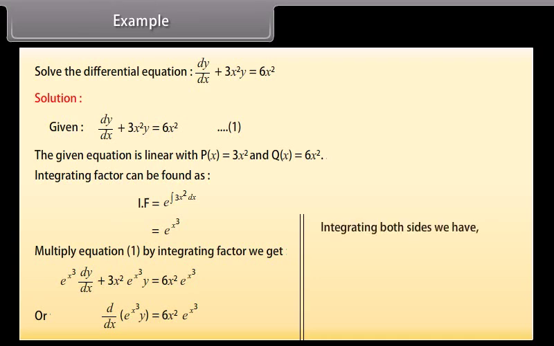Integrating both sides, we have e^(x³) y = ∫6x² e^(x³) dx = 2e^(x³) + C. Solving for y, we get y = 2 + C e^(-x³).